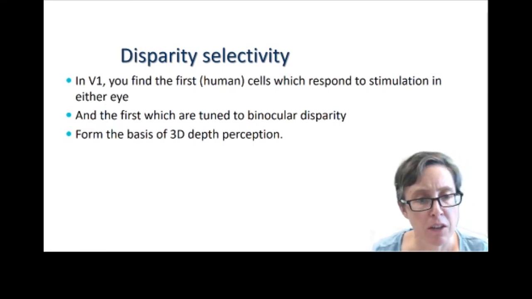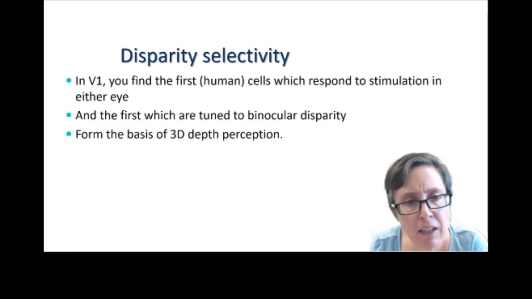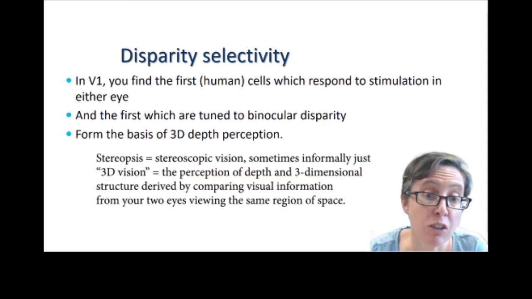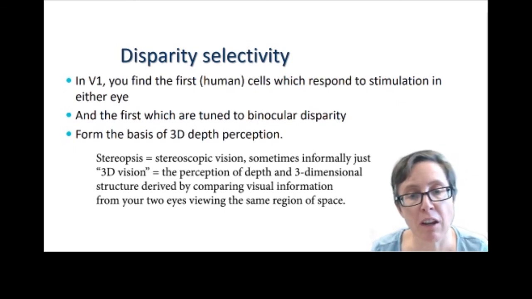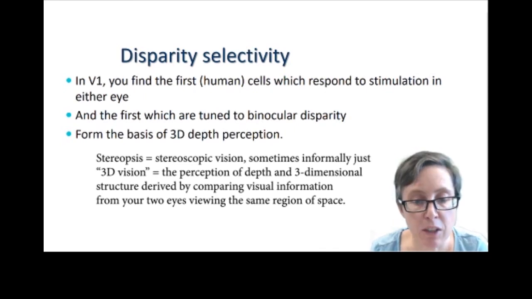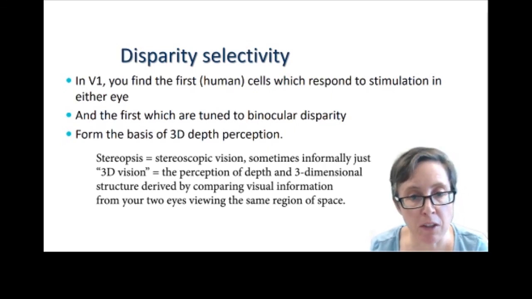And these cells are believed to form the basis of our 3D or stereoscopic depth perception. As discussed, we have many other forms of depth perception, but specifically stereopsis requires these binocular neurons. V1 isn't the end of the process, it's just the beginning, but it's the first place where this information is encoded in our visual system.